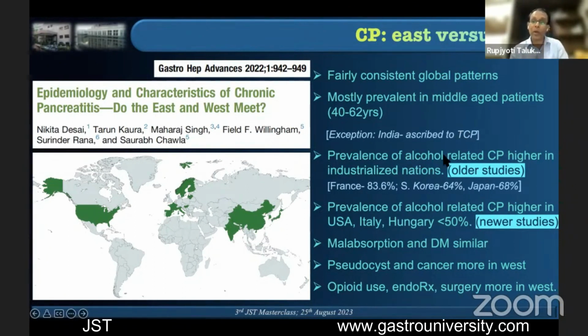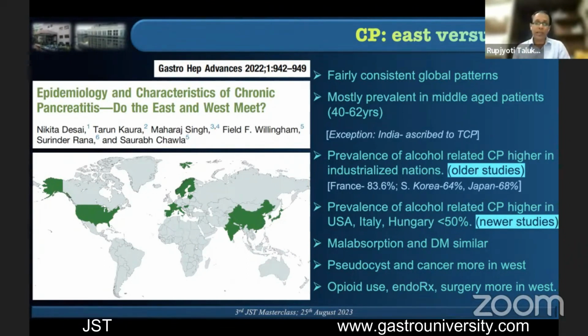The prevalence of alcohol-related CP is higher in the industrialized nations based on the older studies. In France, for example, earlier studies have shown more than 80% prevalence. In Korea, 64, 68. But more recent studies from Japan, Italy, US, and Hungary have reported the incidence of alcoholic chronic pancreatitis to be much lower. And what used to be described as alcoholic pancreatitis was probably not alcoholic pancreatitis in the true sense, because there are many other genetic elements associated with that.